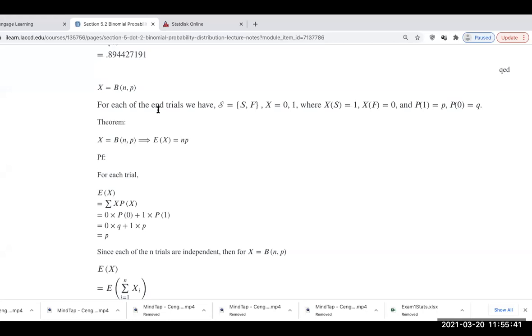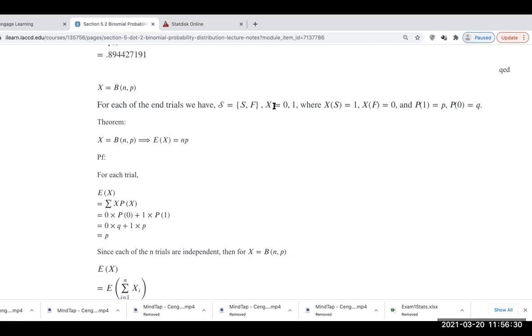So, for each trial, we have the following. We have the sample space S, this fancy S here. It will consist of two outcomes: S for success, F for failure. And we will have a random variable X. This random variable X will equal 1 if we have a success, and 0 if we have failure.